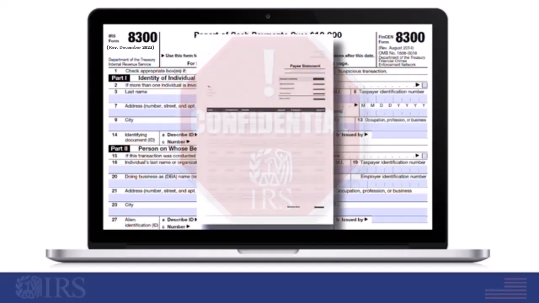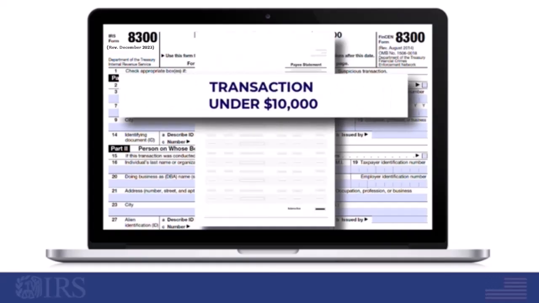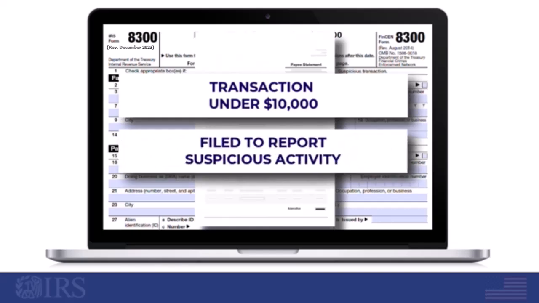Normally, you must provide a payee statement prior to January 31st of the following year to the person who paid you, indicating that you sent this information to the IRS. The only exception is if the transaction was not over $10,000 and you only filed because the transaction was suspicious.